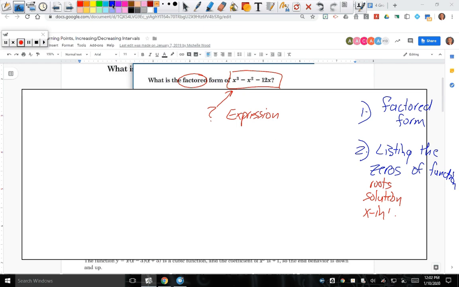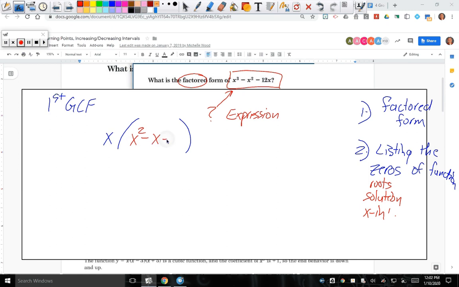So here we go. I'm going to build everything from this one little expression. What should I do to factor? Just say it out loud. GCF, perfect, GCF. Always try to GCF, pull out the greatest common factor, which in this case is x.